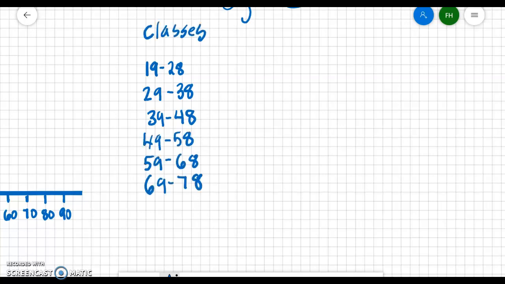Okay, I've written my classes down, and with an Ogive, we do want to start at 0. So we're going to add a class, and we can make this class 9 to, let's say, 18.